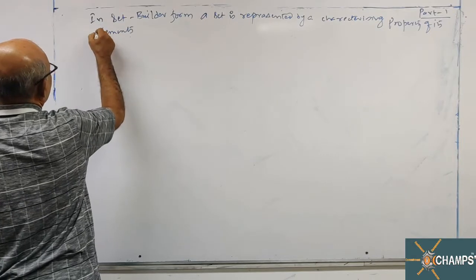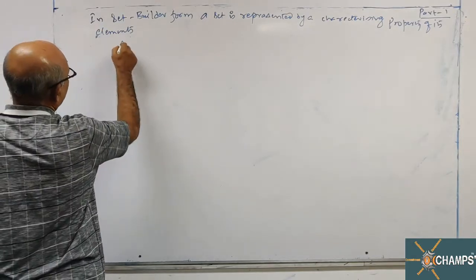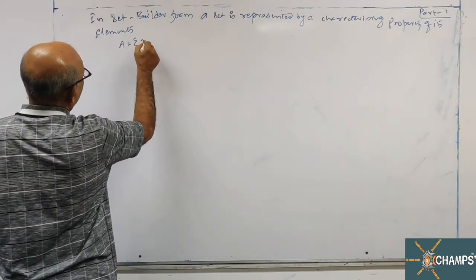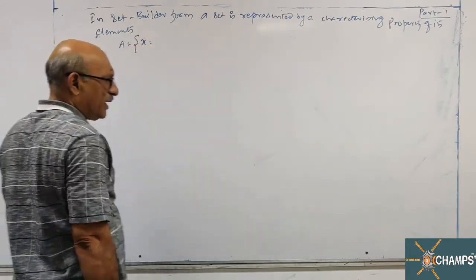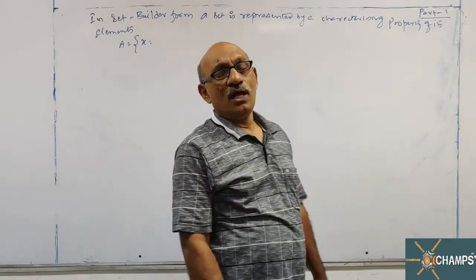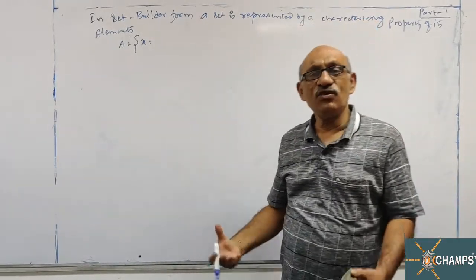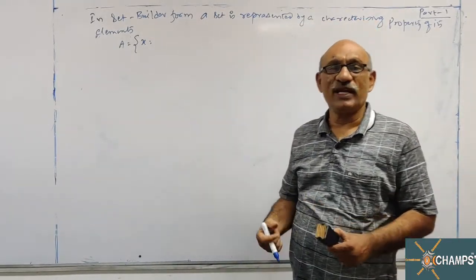For example, A is a set. Here, instead of listing the elements, you are saying in which way elements can be generated.